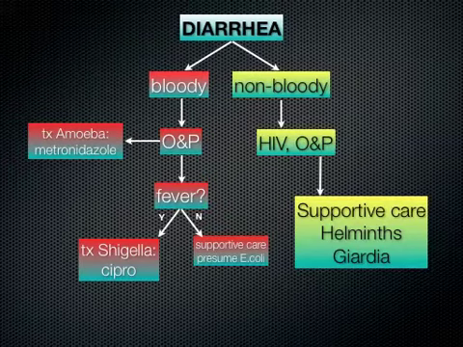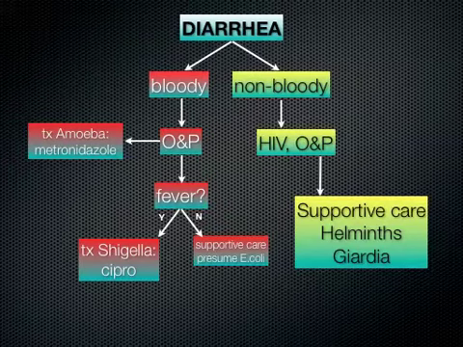Because that's most likely invasive acute enterocolitis. If there's no fever, you're going to assume it's enterohemorrhagic E. coli, and you're not going to treat with antibiotics. You're supposed to not treat, and it's supportive care. This is all very controversial and a really simplistic way to do it, but it's what the infectious disease experts recommend.